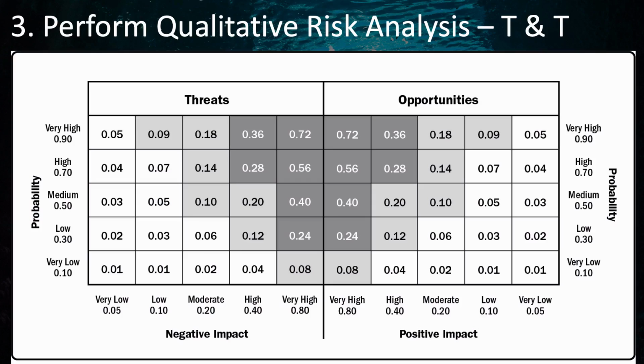This is just one example of a probability impact matrix. Yours can use different scores for probability and impact assessments. And it doesn't have to be a 5x5 matrix. It could be 4x4, 3x3, or even 2x2. Or you could mix it up and have a 5x4 or a 3x5, or whatever works for your organization and your project.